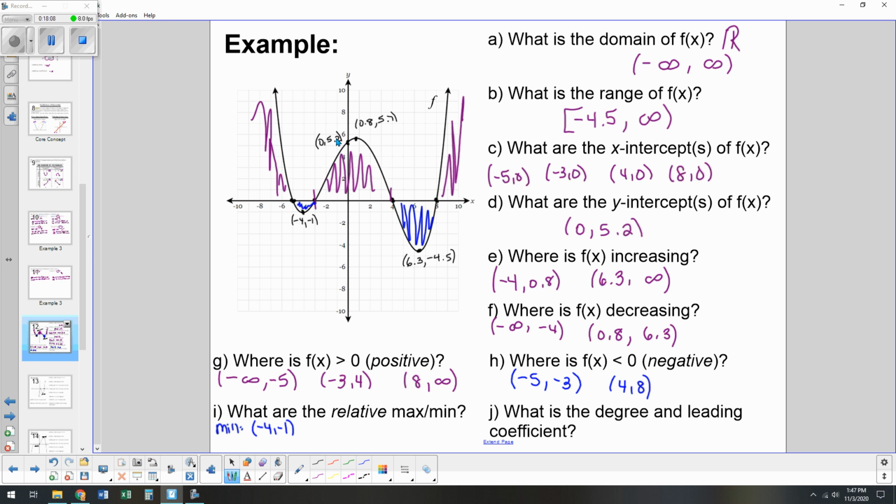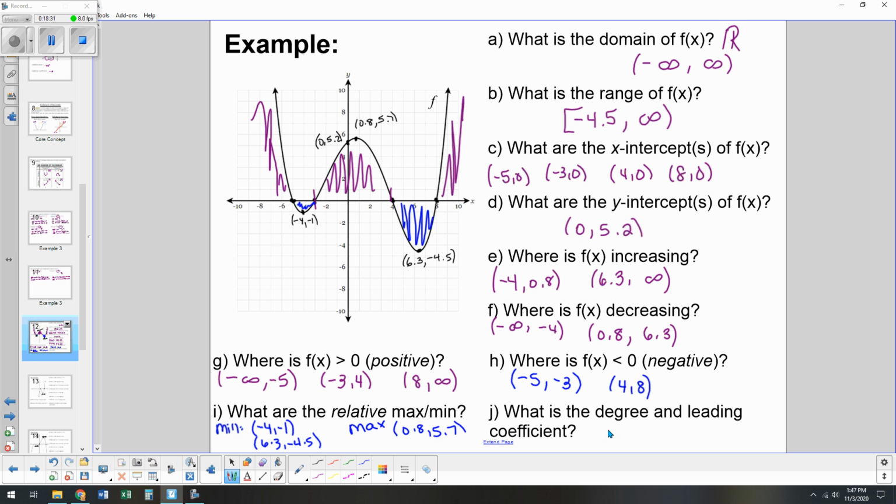And then it went up, there's a max there, and then here's another min at 6.3, -4.5. So then I had a maximum, a high point, at 0.8, 5.7. We're really just describing the highest and lowest points we see.